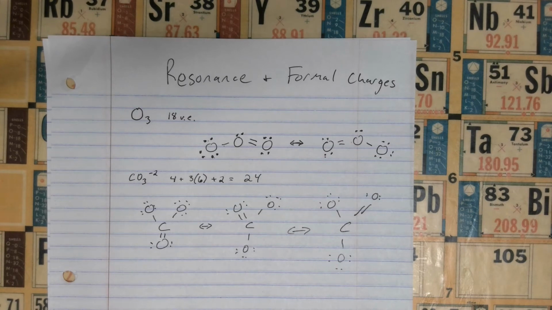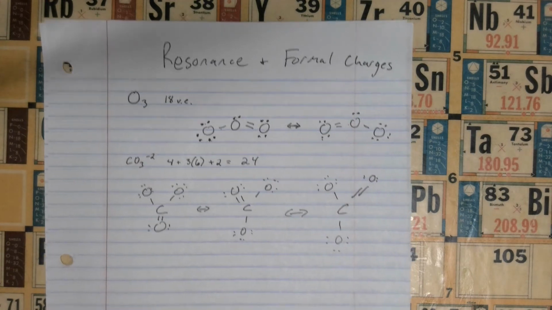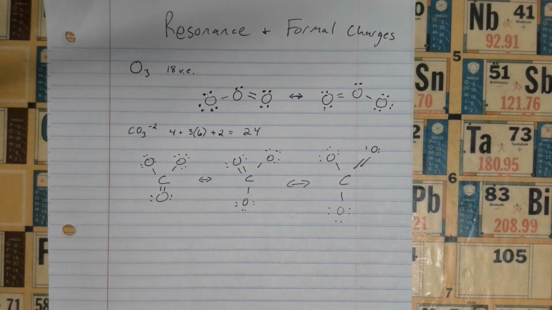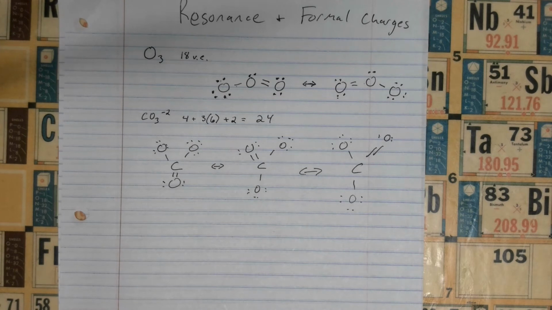Okay. Now, there's other ones where we have to do what's called formal charges. For some compounds, there's really more than one way that you could write the Lewis structure.